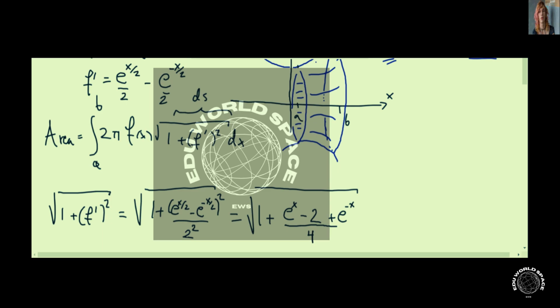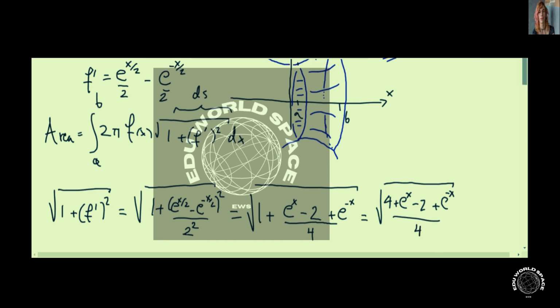so that if we add these two guys, we have the square root of 4 plus e to the x minus 2 plus e to the minus x, and all of that divided by 4, so that we can simplify that.